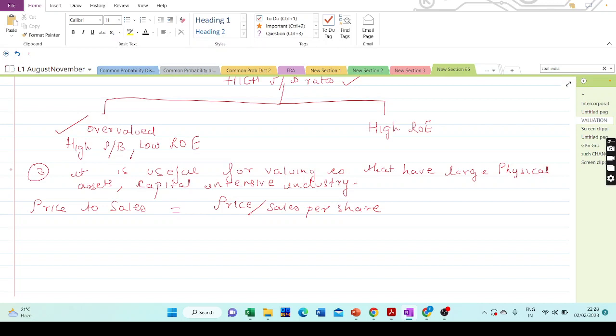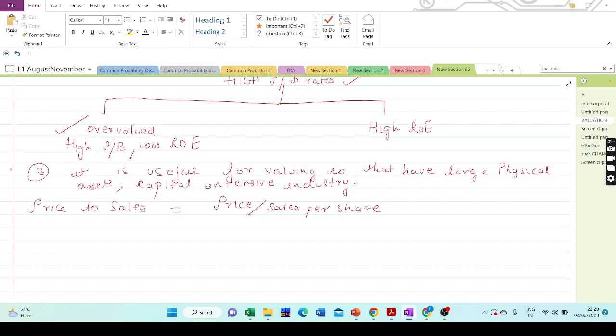For such companies, we can use the price to sales ratio. Please note this down. The P/E ratio is not useful for valuing companies that have negative earnings. If earnings are negative, the P/E ratio is meaningless, so we can use the price to sales ratio for valuing companies with negative earnings.